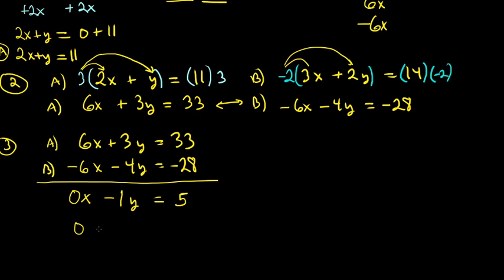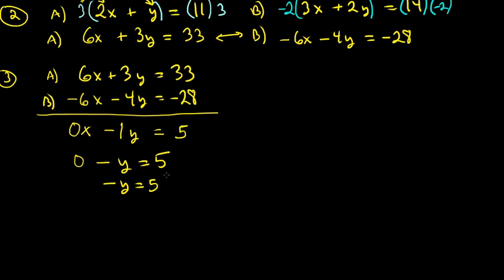Okay, so 0 minus y equals 5, or just negative y equals 5. So if negative y is 5, y has to be negative 5, right? And you can see that just by multiplying both sides by negative 1. Right? On the left side, negative 1 times negative y is positive y, and 5 times negative 1 is negative 5. So y is negative 5.